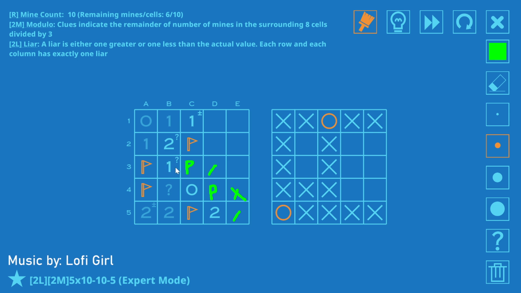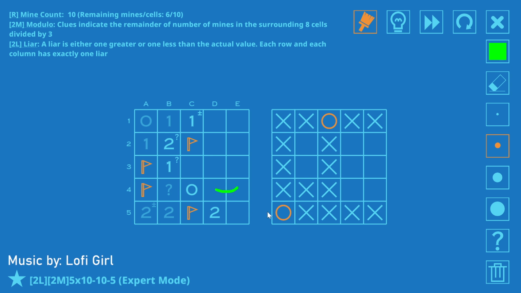Then this 1 is correct. This 0 is wrong. This 2 is wrong. This 1 we know is wrong, so there has to be some number of mines here. And then you could still have 3 mines here, plus 1 mine here. Or anything else. Yeah, I don't think there's anything wrong with that. I don't know. I mean, we know that one of these has to be mines.